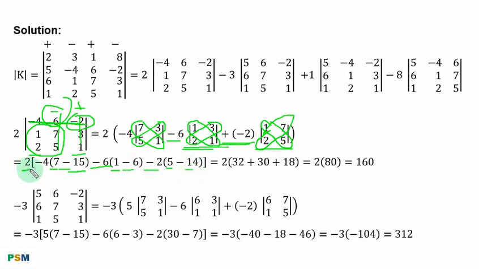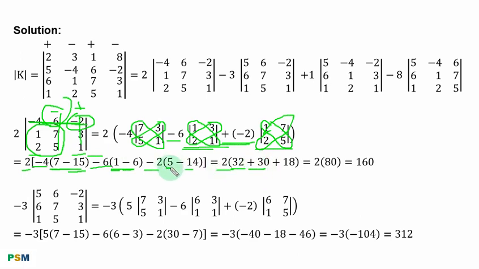This 2 is still outside. You come here and subtract. 7 minus 15 is -8 times -4. You have 32. You come here, 1 minus 6 is -5 times -6. That is plus 30.